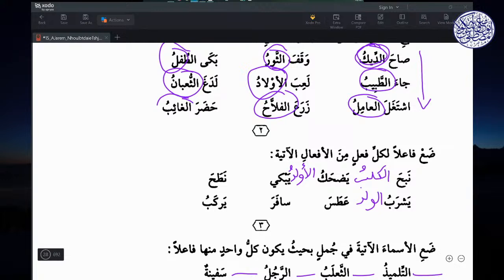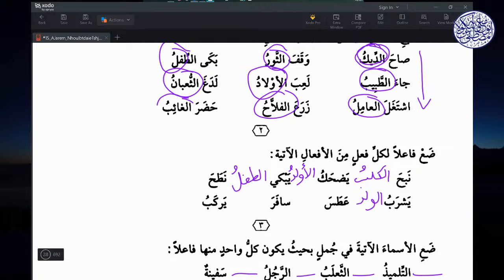I think I put... You skipped it. You didn't. Did I skip it? Yeah, you skipped it. يبكي الطفل. الطالب، الطفل، يبكي المدرس. If you look at the news today, the teachers are crying, right? يبكي الوالد, right?